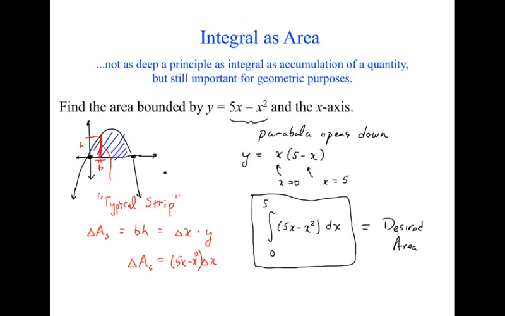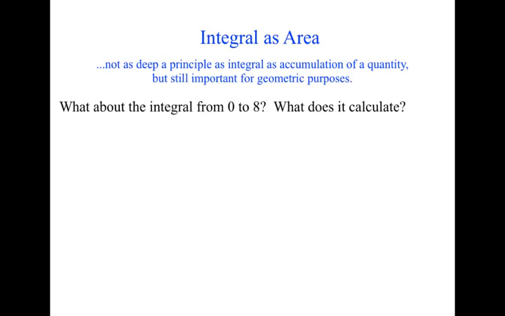Okay, so let's do a variation on the same problem. And so now the integral from 0 to 8. So if we did from 0 to 8, same thing. Let's just do this, I've got my calculator here.